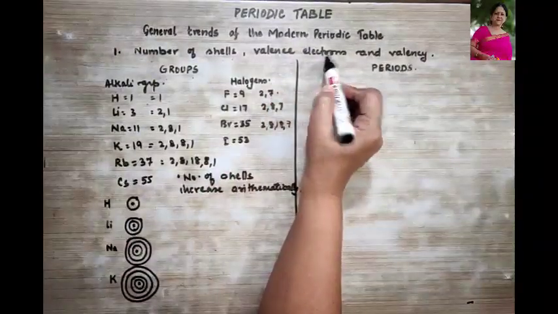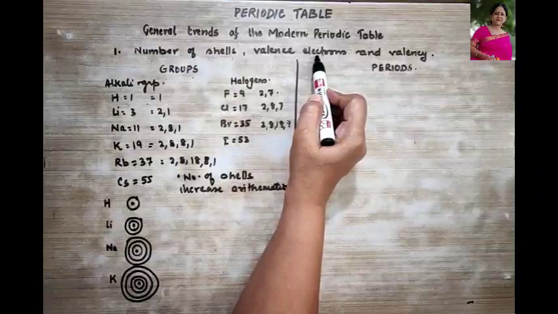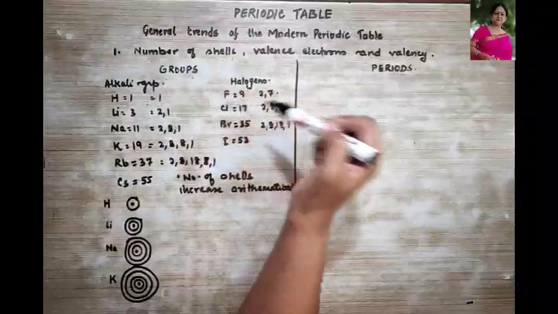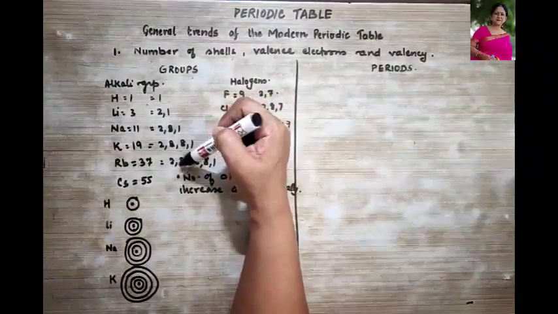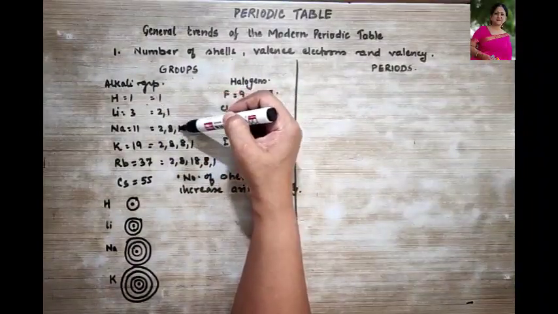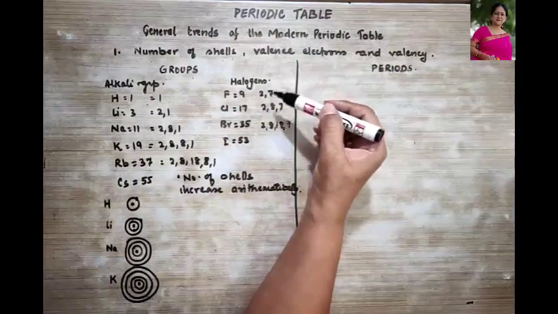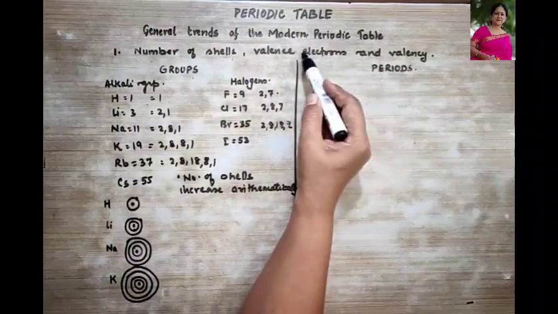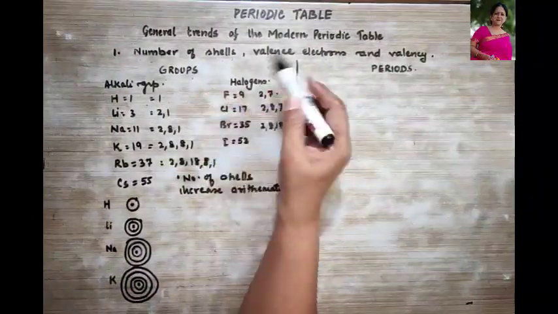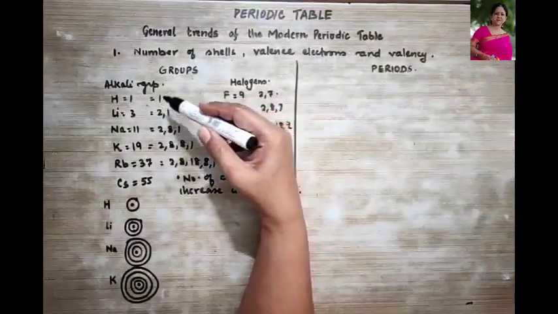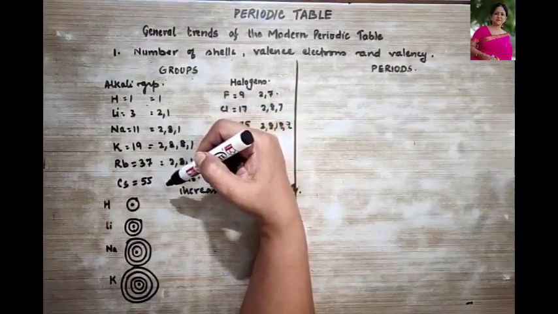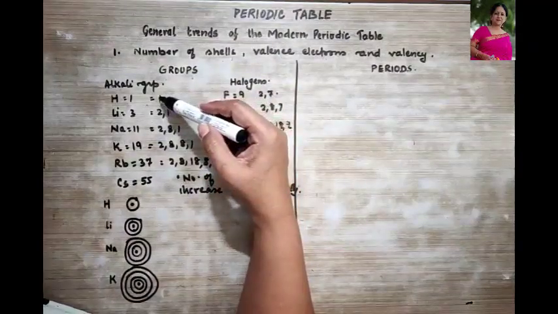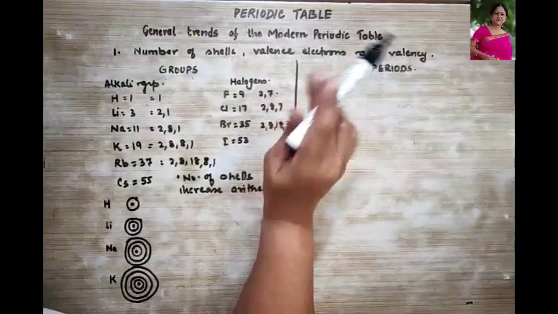Now let's talk about valence electrons. Valence electrons are the electrons present in the valence shell, and the last shell is called the valence shell. Look at the alkali metals: all have 1 valence electron. Look at the halogens: all have 7 valence electrons. This means that in a particular group, the valence electrons always remain the same.